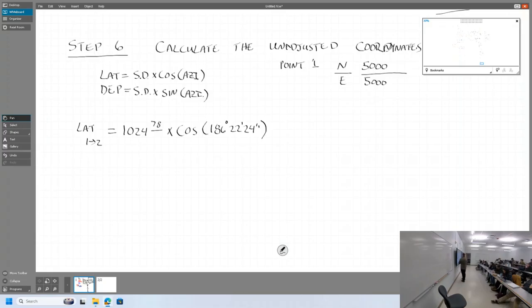Don't forget to convert degrees, minutes, seconds over to decimal degrees. You should get a negative 1,018.447.